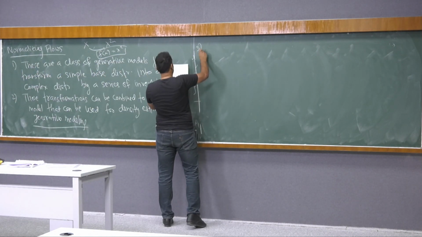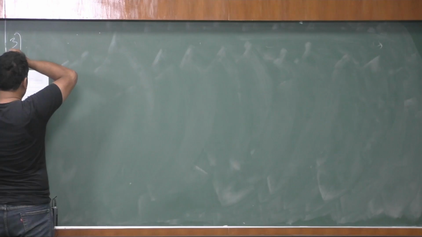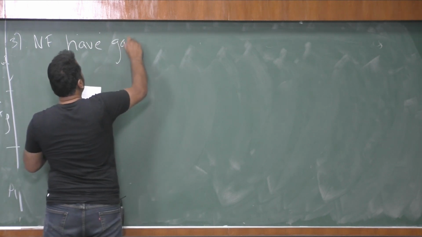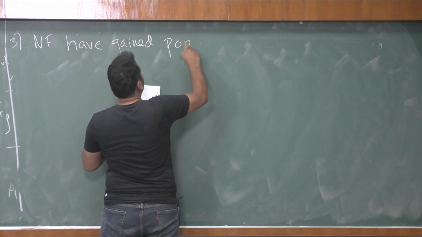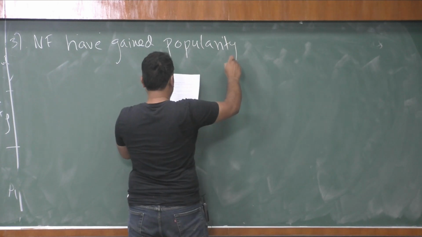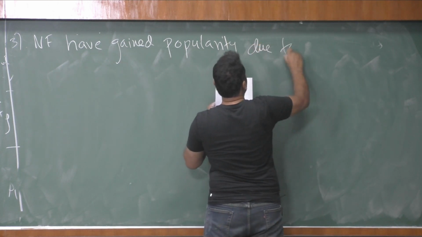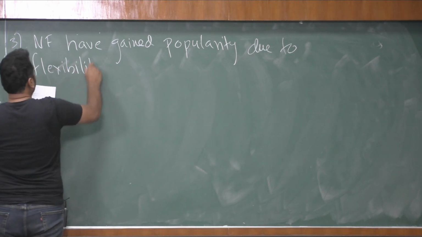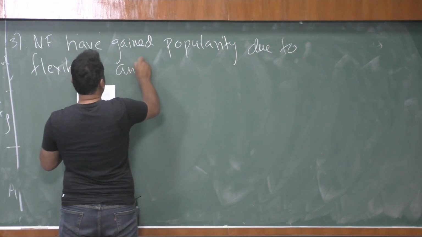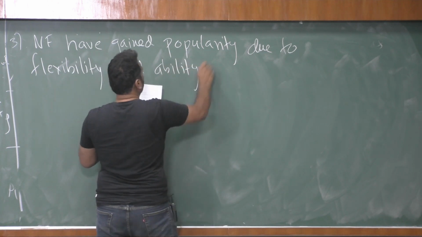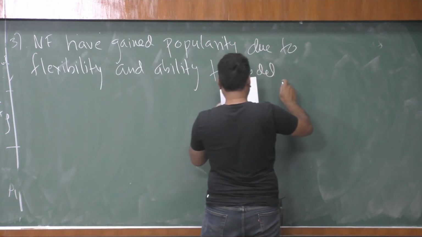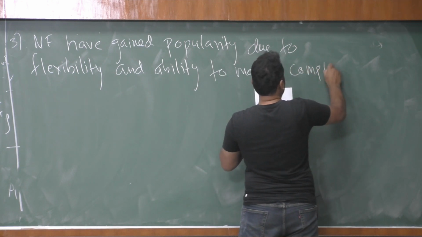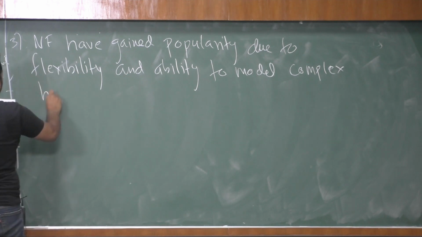So the third point is, normalizing flow have gained popularity due to flexibility and ability to model complex high dimensional distributions.